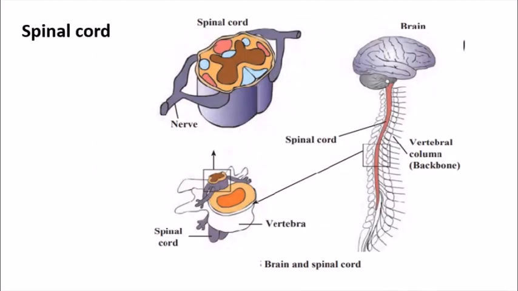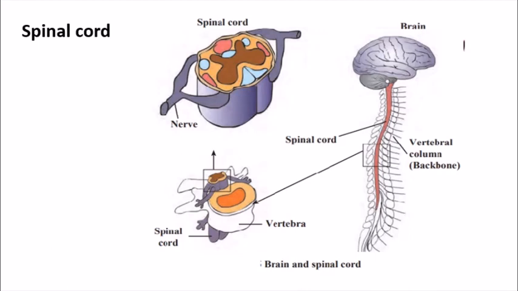Now next, the central nervous system has a second part, that is our spinal cord. Within the vertebral column, our spinal cord is enclosed and it is slightly thick but gradually tapers towards the end. There are also thread and fiber like structures at the end, which we call filum terminale.